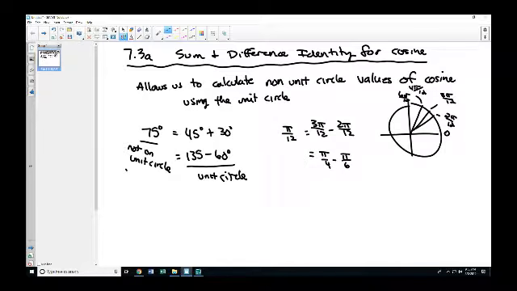Again, you can also split this into, those are equivalent, you took the 45 and the 30. So pi over 12 is 15 degrees. A little easier to see, right? Okay, so it's an option.